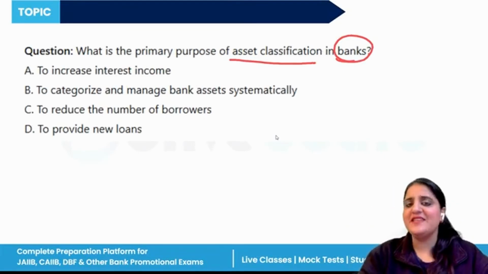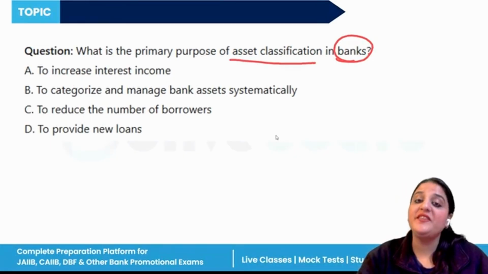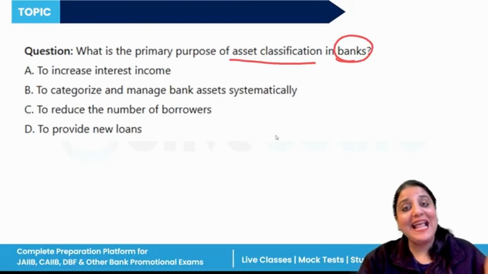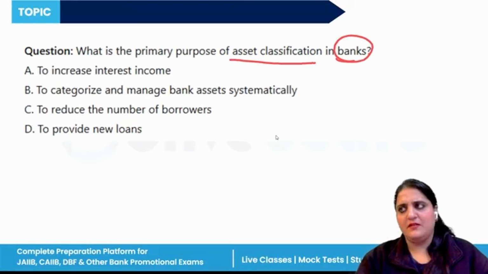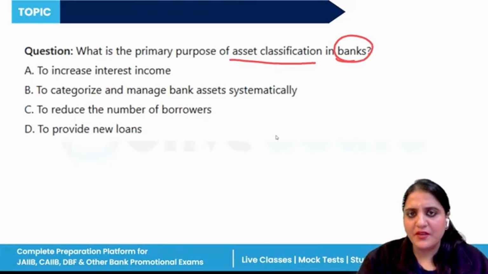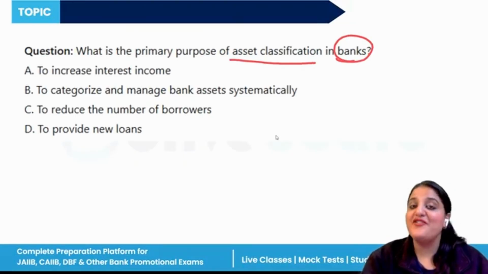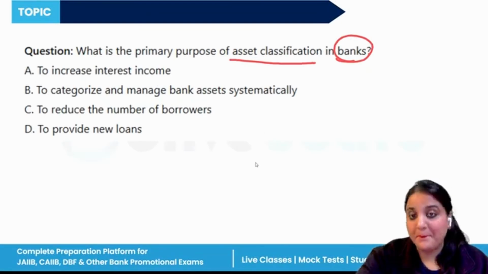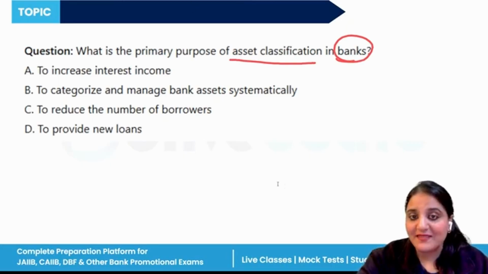Asset classification is a systematic approach to categorize and manage the bank assets based on their types, their functions, their performance. It helps the bank in identifying risky loans at a very early stage, monitor them, and ensures regulatory compliance. So, what is the primary purpose of asset classification in the banks?